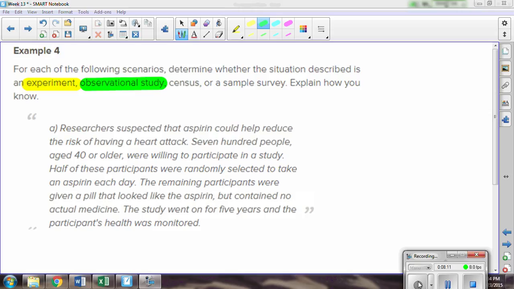They just watch what happens naturally. Well, if I pick half the people to have aspirin and half the people to not have aspirin, did I do something? Absolutely. I have made a choice of who gets aspirin and who doesn't. So since the researcher is doing something, that makes this problem an experiment.